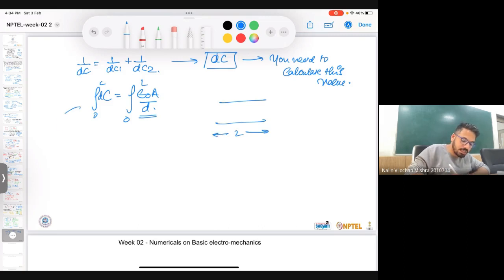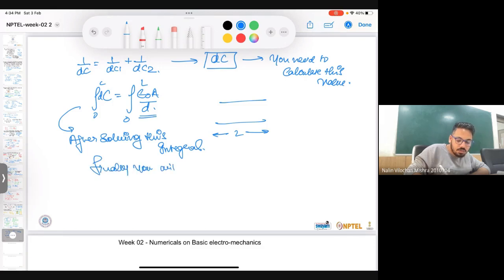So after solving this integral, finally you will get the capacitance value: A epsilon naught epsilon 1 epsilon 2 by d times epsilon 1 minus epsilon 2, times ln epsilon 1 by epsilon 2.